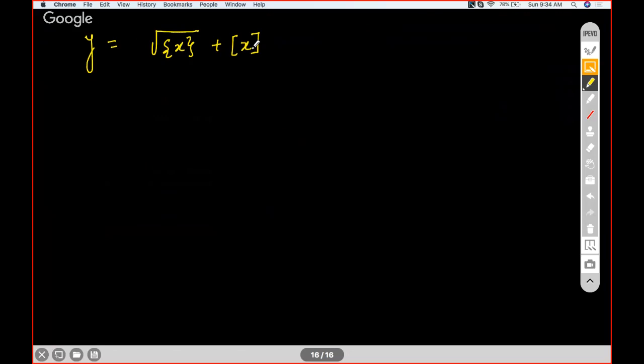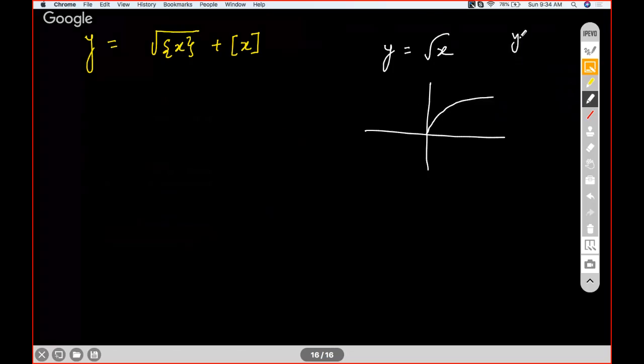Any idea how to do it? First, ask yourself whether you know this graph or not. Root x graph. That's x to the power half. I already told you y square is equal to x.